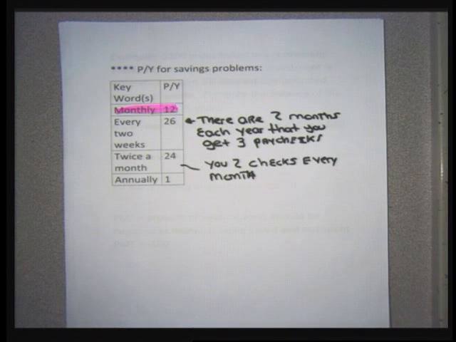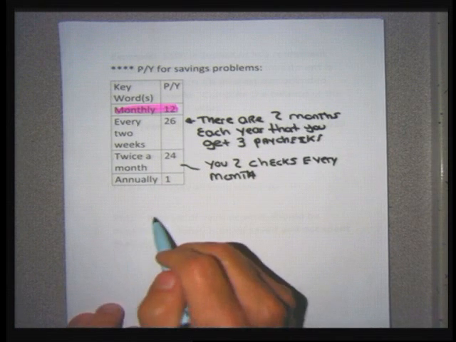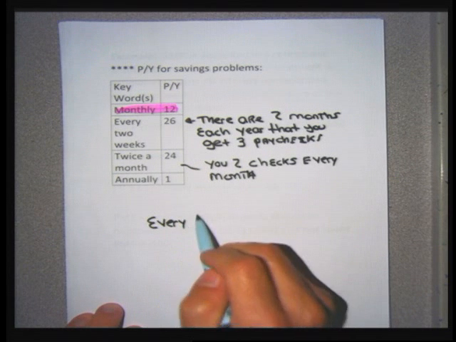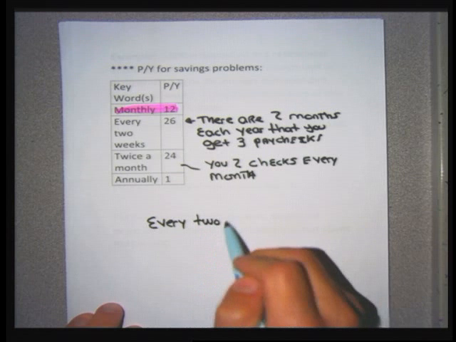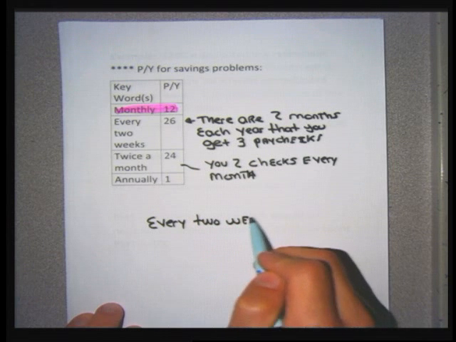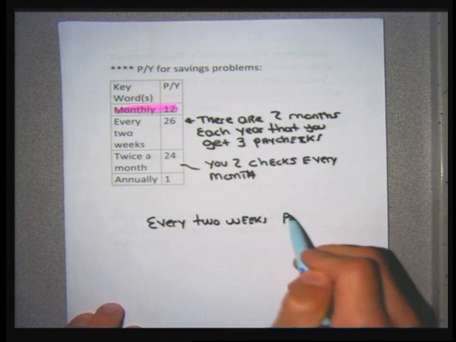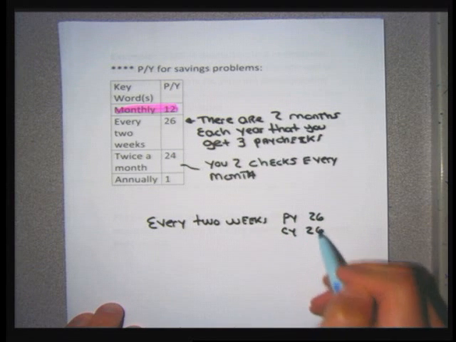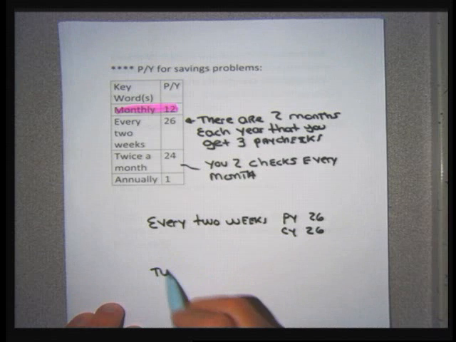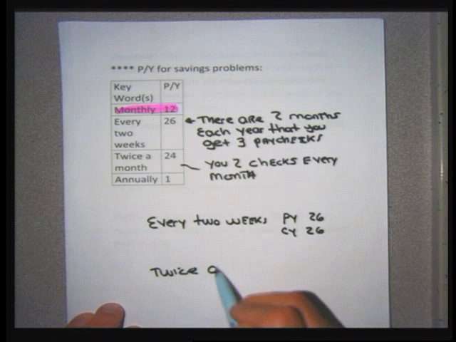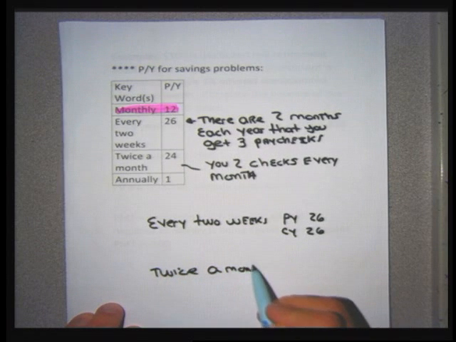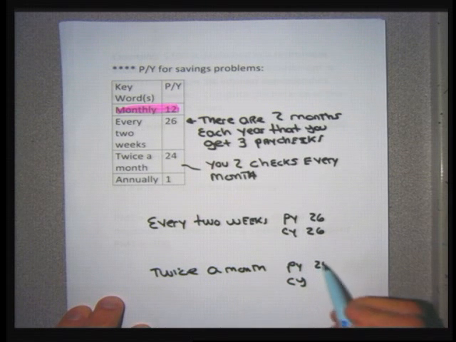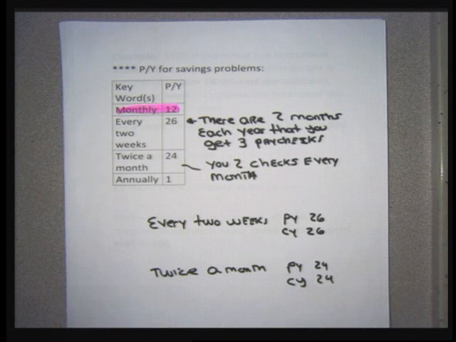So it's going to be really important as we go through the savings problems to differentiate between every 2 weeks, where the PY and the CY are going to be 26, compared to twice a month, where the PY and the CY are going to be 24.